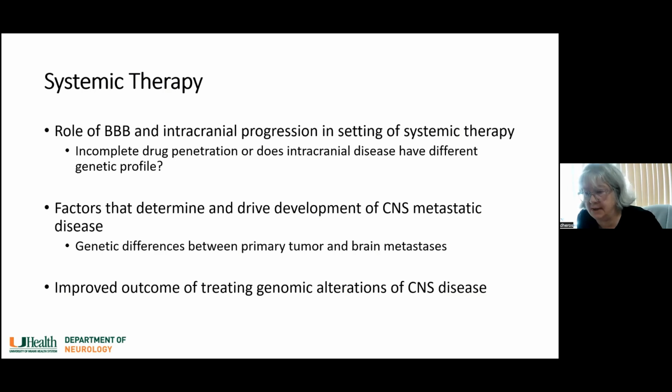And as we again understand the genetic differences between the primary tumor and the CNS disease, then we can anticipate improved outcomes by treating these genomic alterations of the CNS disease.